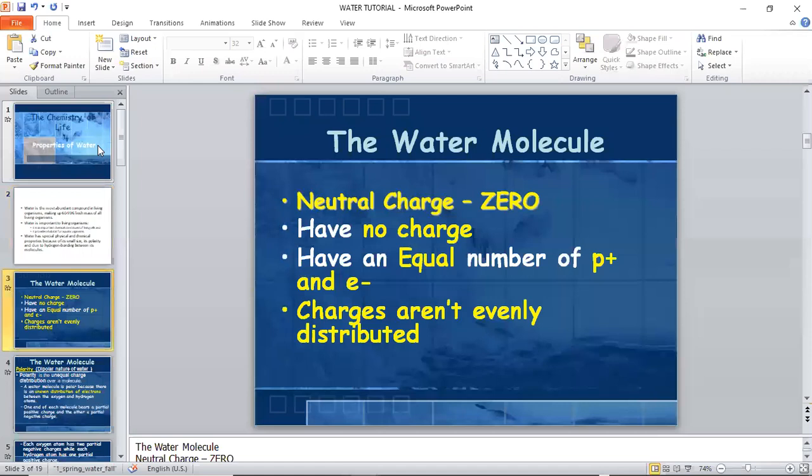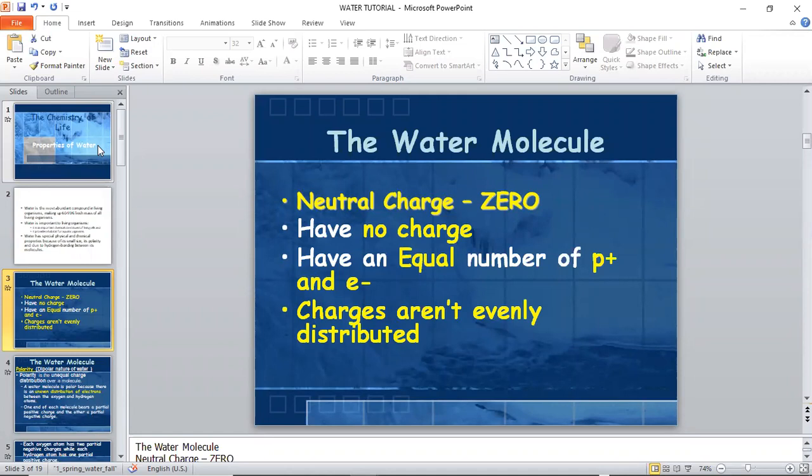So water, as we know it, is H2O, 2 hydrogen atoms and 1 oxygen atom, which is basically dihydrogen oxide. So water has a neutral charge.